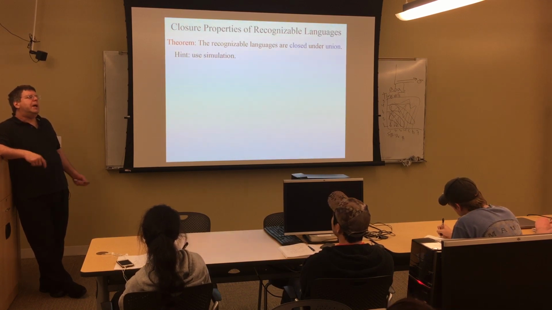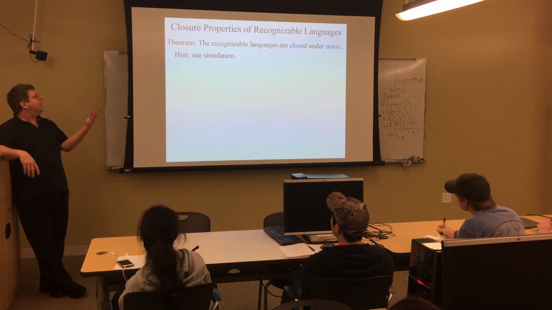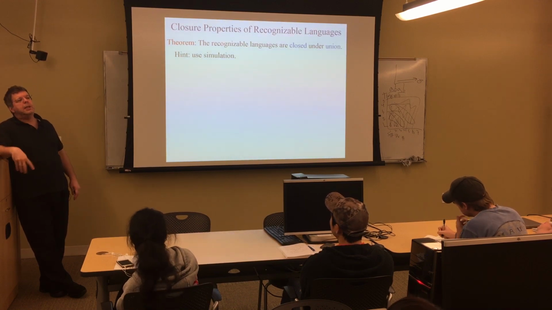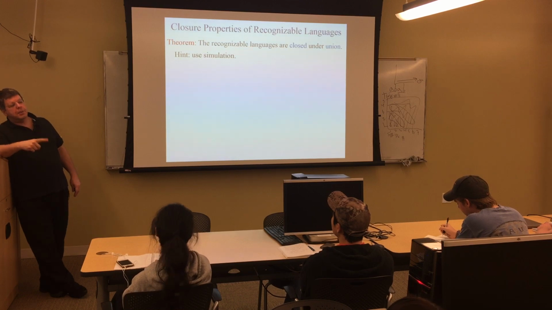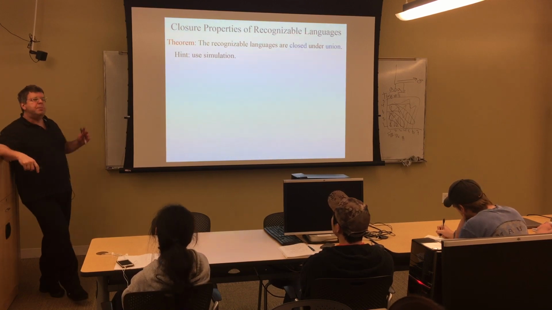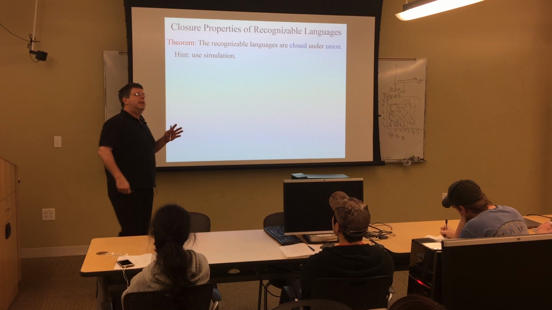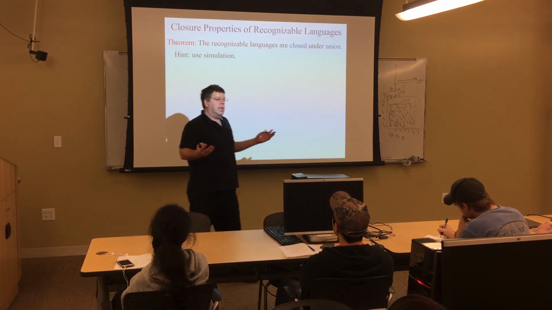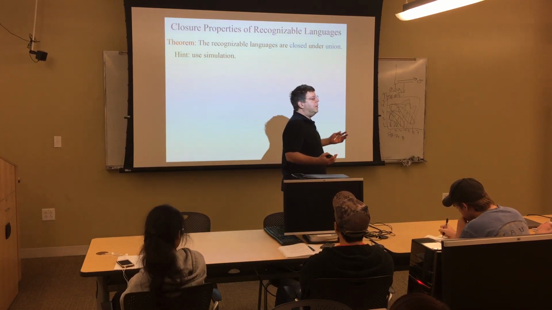But here you have to be careful. How are you simulating? Are you going to simulate it on one and then later simulate it on the other one? Parallel simulate. Yeah. It's important that you simulate in parallel here. Why? Because a recognizer may not stop. But you're doing the union.